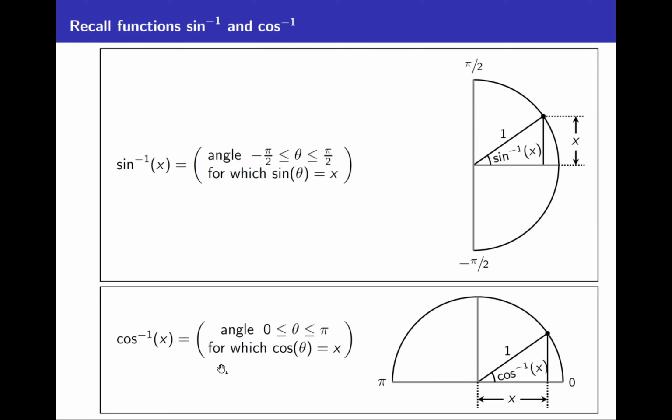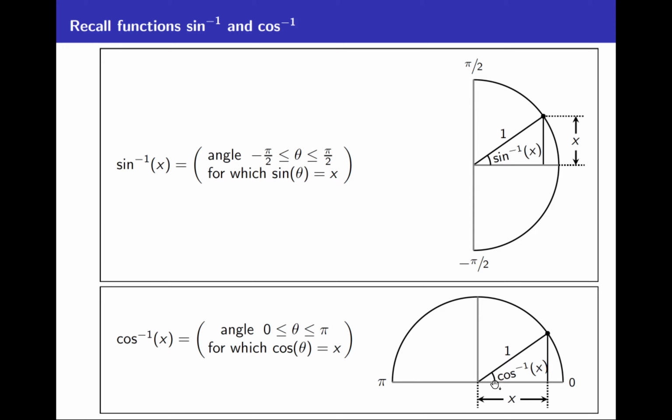Cosine inverse of x is the angle theta between 0 and pi, for which cosine of theta equals x. And here's its picture. We have radian measures between 0 and pi on the unit circle, and in our triangle shown here, the adjacent side is x, so cosine of this angle that's indicated would be x by definition of cosine.